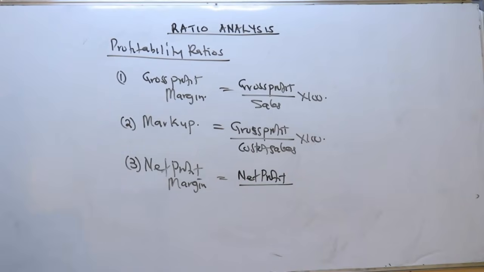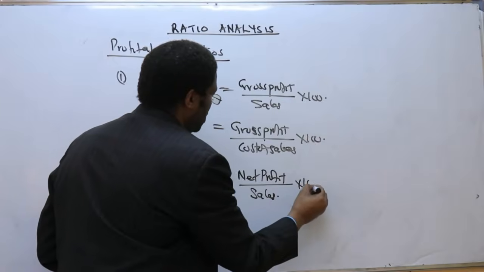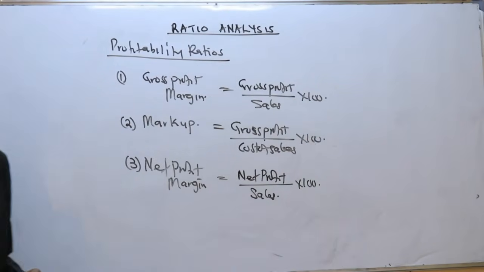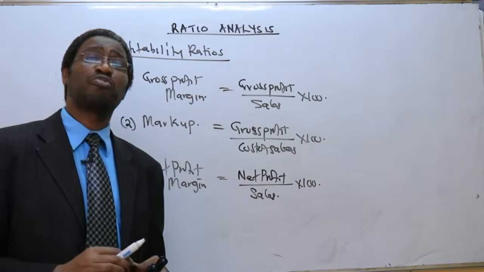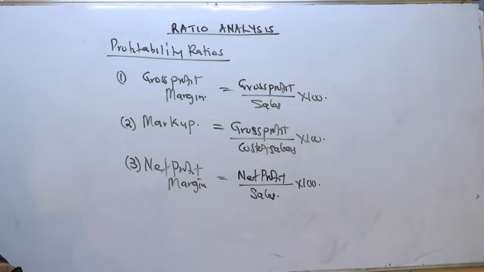You divide that by the sales, again times 100. That's how we calculate the net profit margin. You take net profit, you divide that by sales times 100.